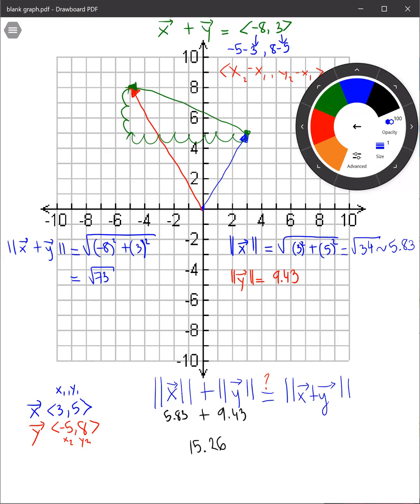Okay, what is the square root of 73? Turn it into a decimal. Thank you, Aiden. So 8.54. Thank you, Saskia. So on this side, we get 8.54. Are they equal?